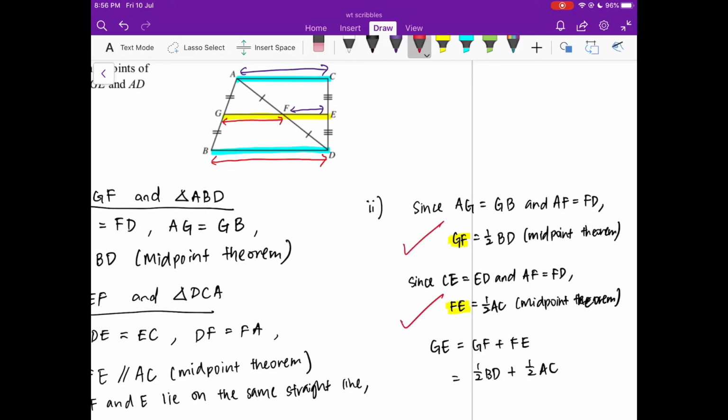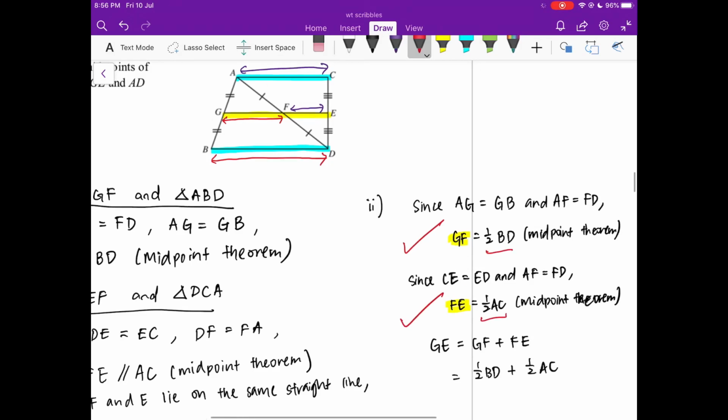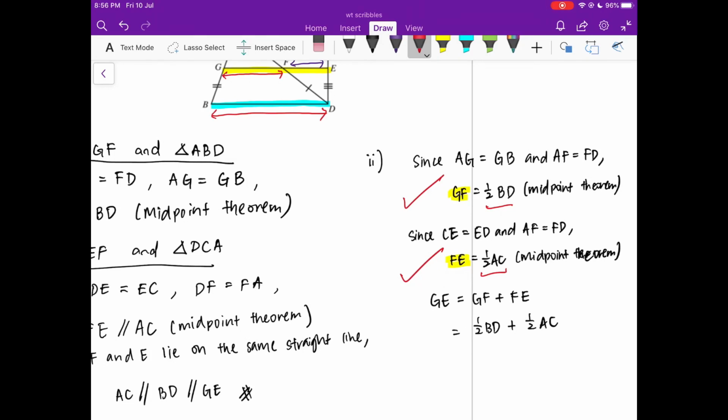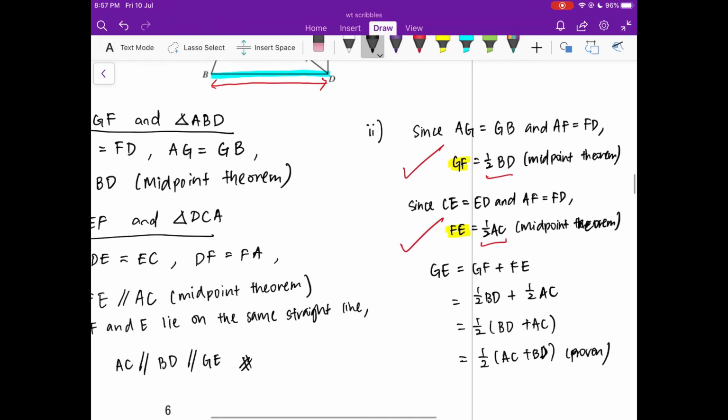I change GF and FE to half of BD and half of AC. From then on, we can factorize out the half, and it's just half of BD plus AC. Please write it according to the question, AC plus BD, and that's how we prove it. So that's all for the midpoint theorem.